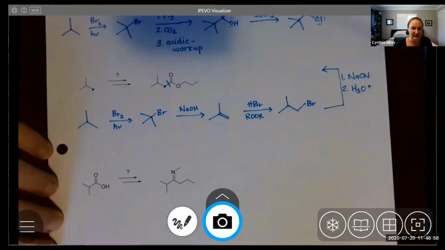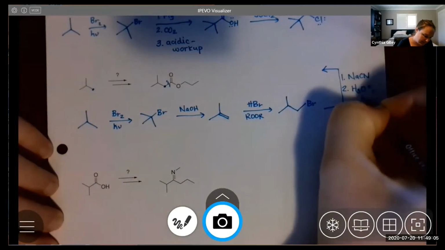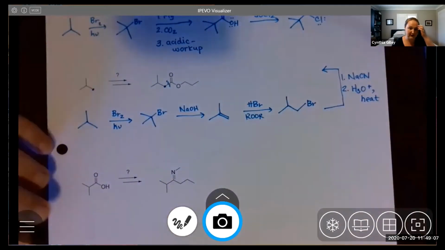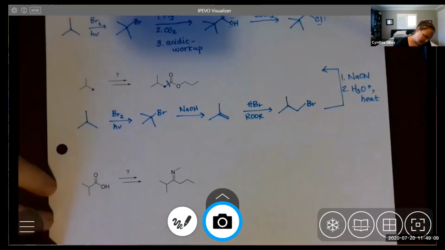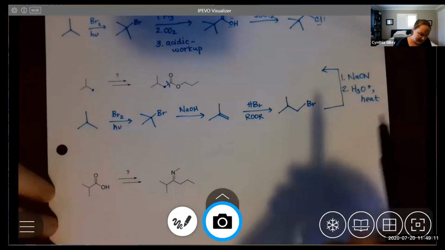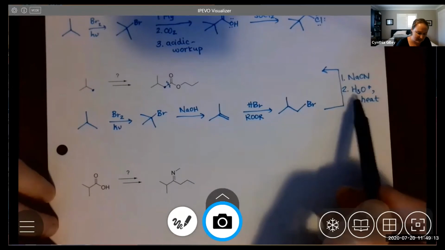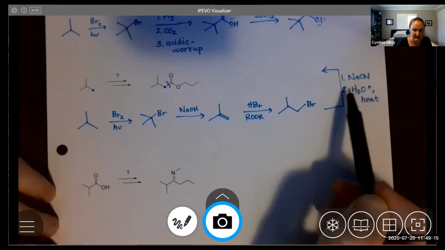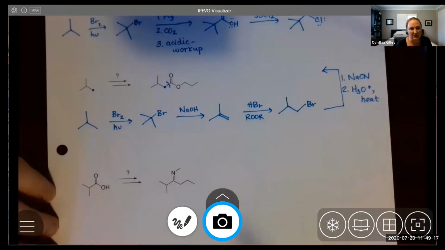Typically, you can do a basic or an acidic hydrolysis either way, but acidic is more common. The good thing about the acidic hydrolysis is you're already using acidic conditions, so you will get the protonated carboxylic acid. You don't have to do a separate acidic workup.